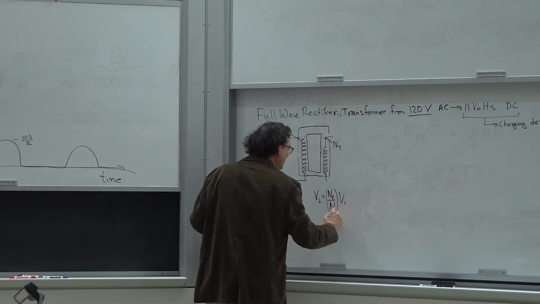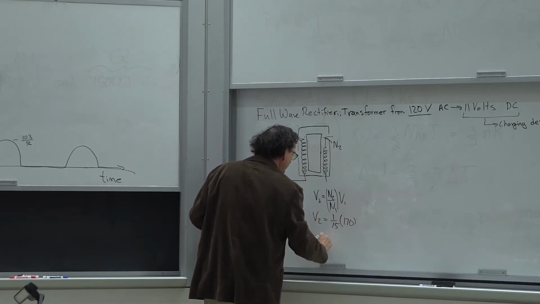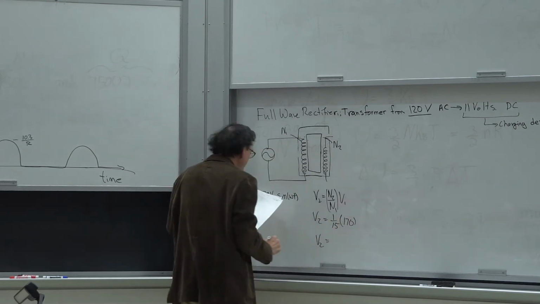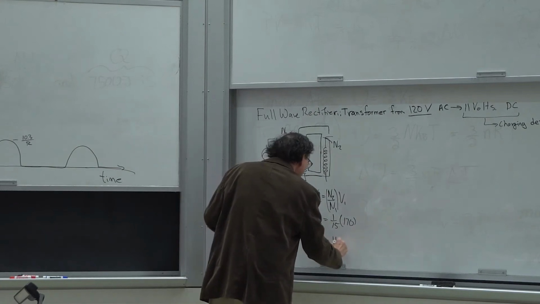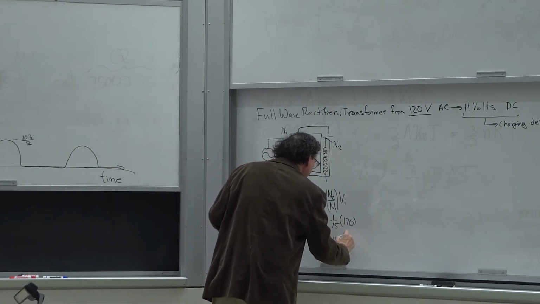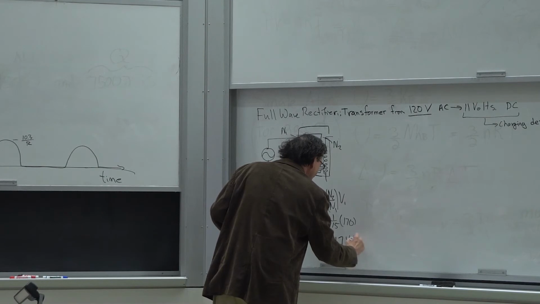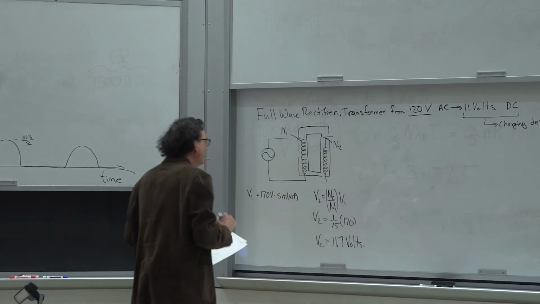So if I make this approximately 1/15 times 170, then I should get a V2 which is a little bit less than 12. I'm going to call it 11.7 volts, something like that. Okay. All right.